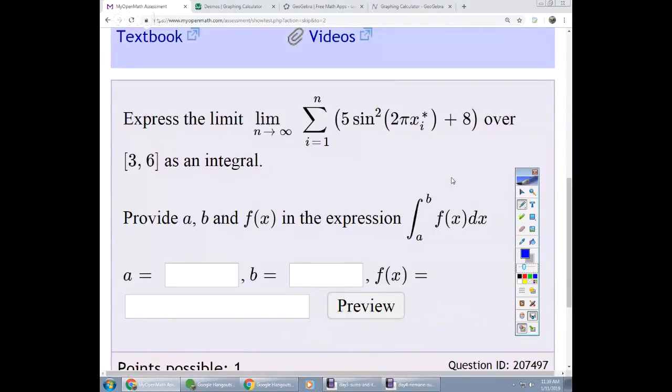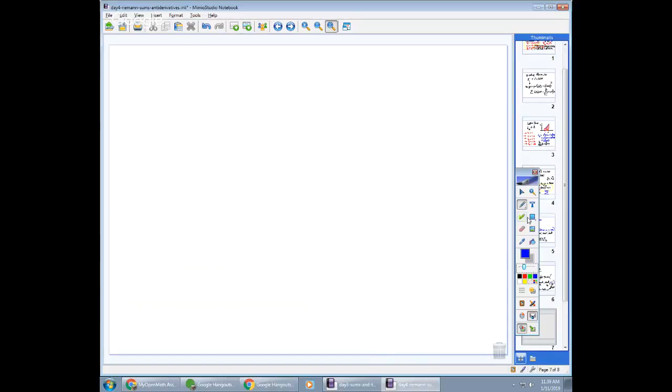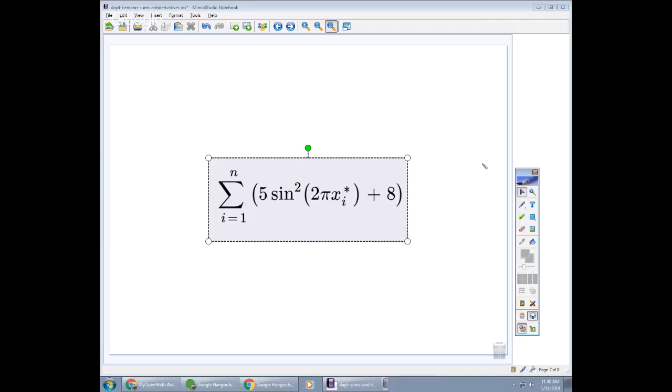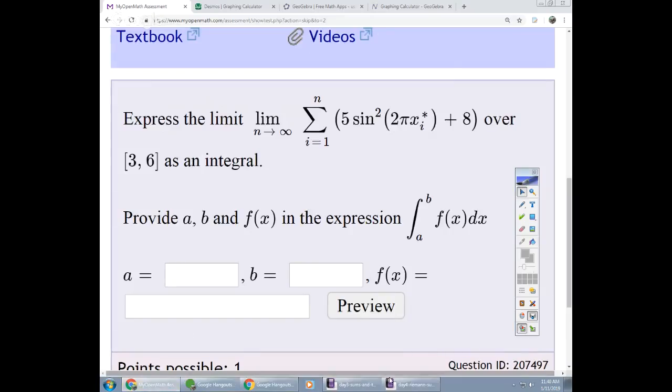Okay, and the A and the B. So let me steal that into my screen. And I'm going to ignore the limit for the moment. Okay, so there's my sum, and the interval was from 3 to 6.